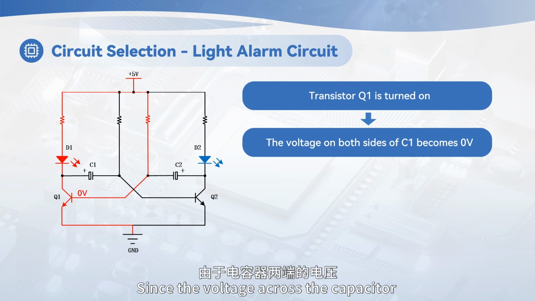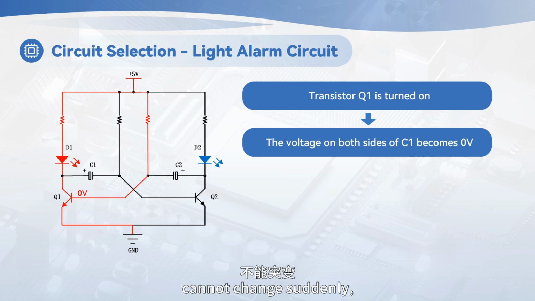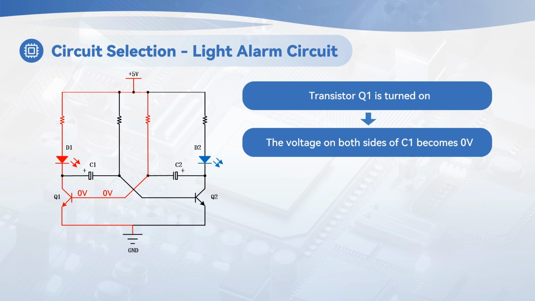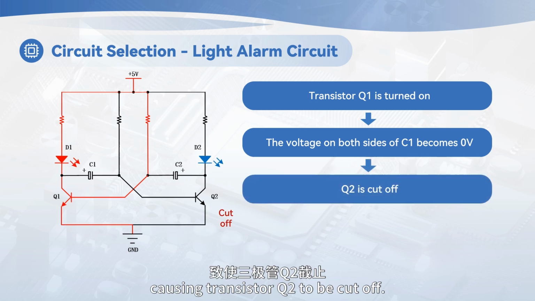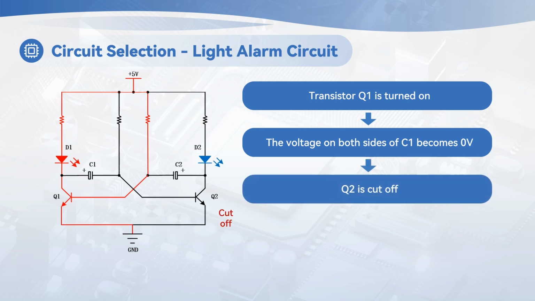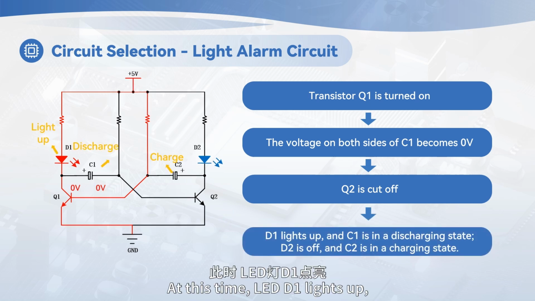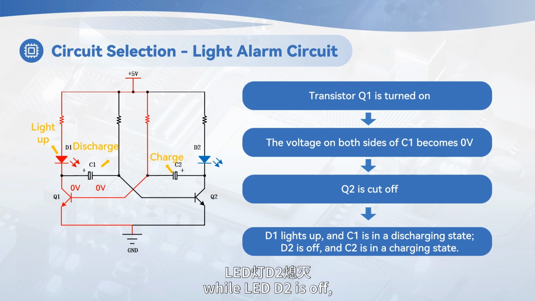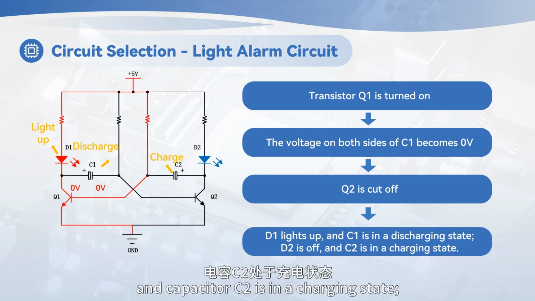Since the voltage across the capacitor cannot change suddenly, the voltage on the right side also becomes 0 volts, causing transistor Q2 to be cut off. At this time, LED D1 lights up, and capacitor C1 is in a discharging state, while LED D2 is off, and capacitor C2 is in a charging state.